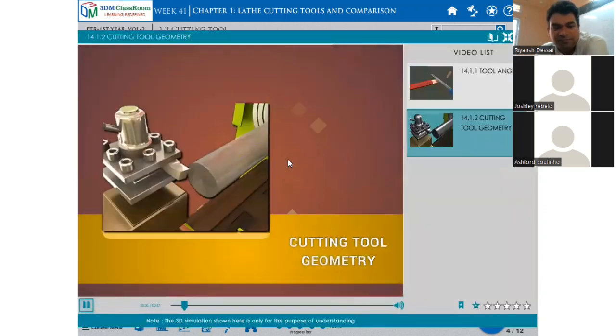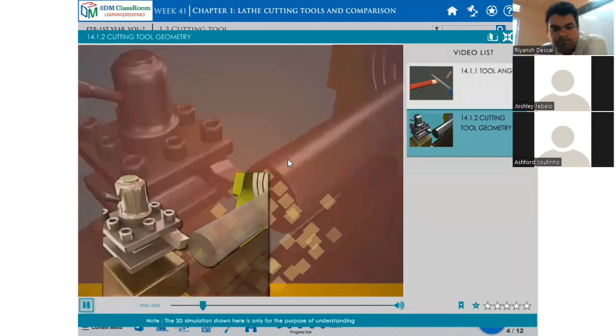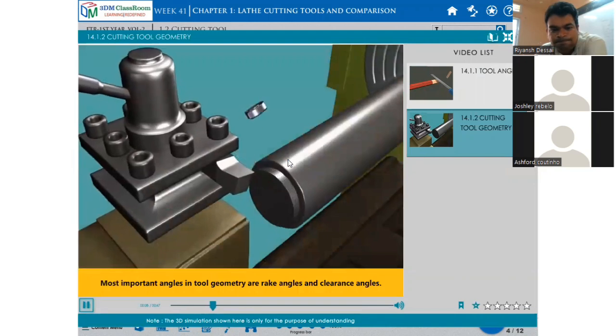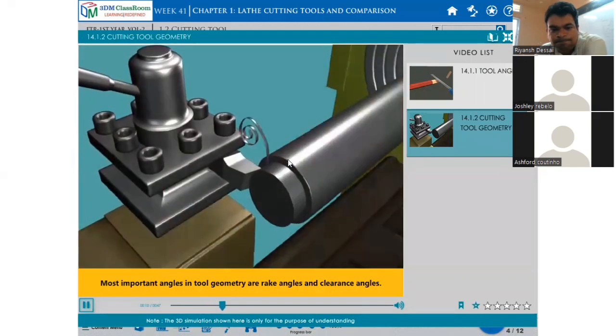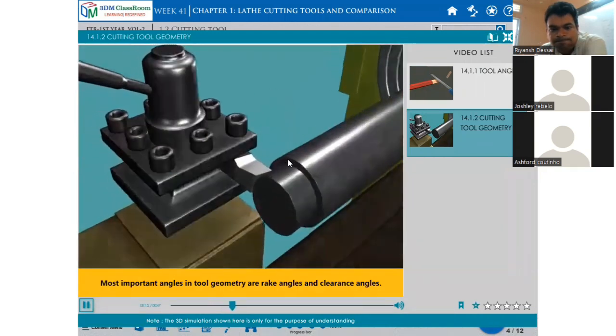Cutting tool geometry. In this video, we will discuss cutting tool geometry. The most important angles in tool geometry are rake angles and clearance angles.